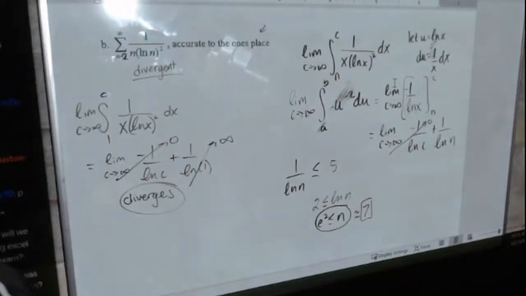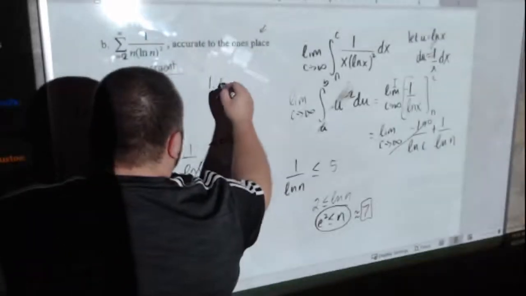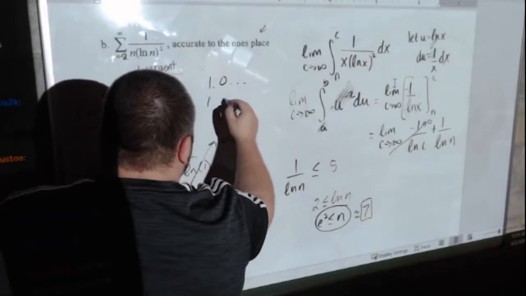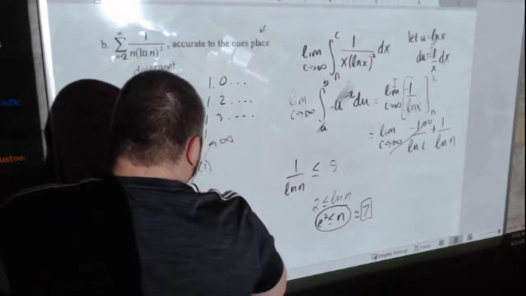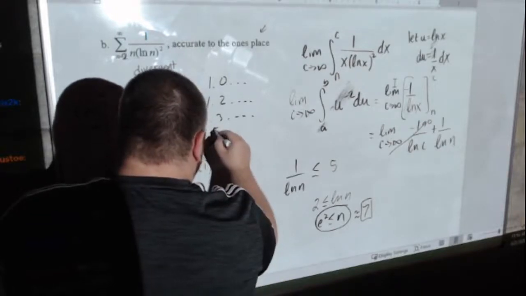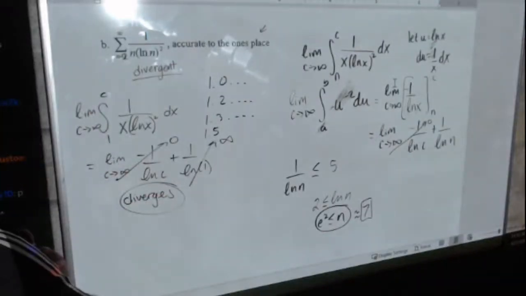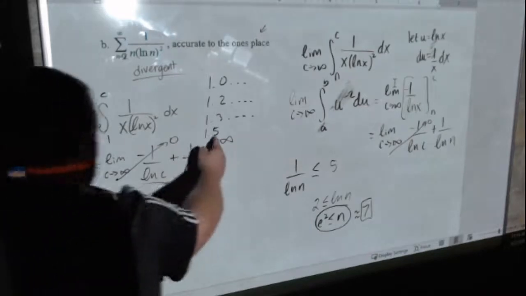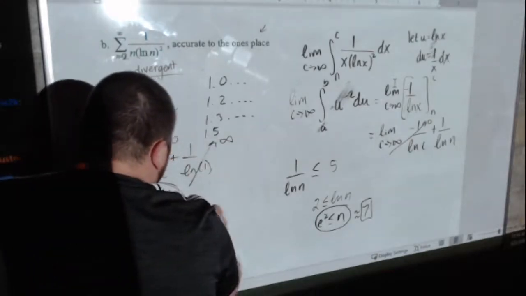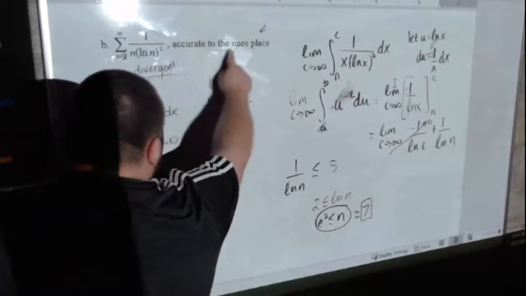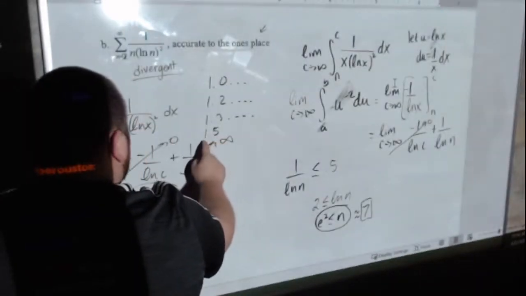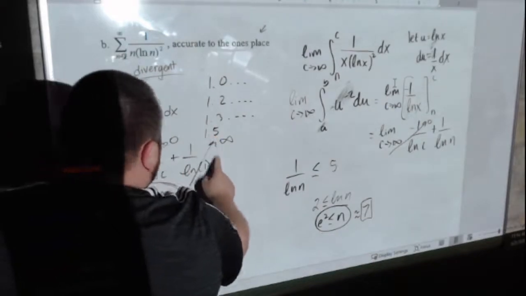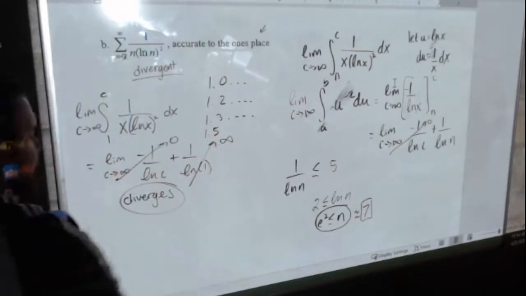Now this time what you're going to see is it's going to be like 1.0 something, 1.2 something, 1.3 something, and I believe it's going to go up to like a 1.5. Now this digit's going to keep changing. However, I'm trying to be accurate to the ones place. So if this digit is above 5, it tells me to round to 2. And then it continues on forever. And that should be somewhere around 7 terms.